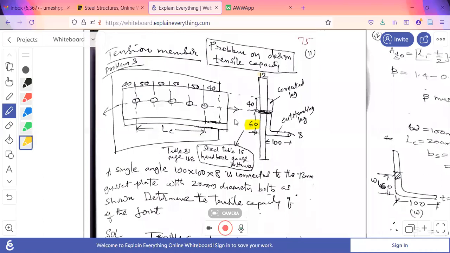The diameter of the bolts is 20 mm, which is given in the problem. They have to give the diameter. You have to actually assume it if it is not given, but normally they are giving it. Diameter of the bolts is 20 mm.